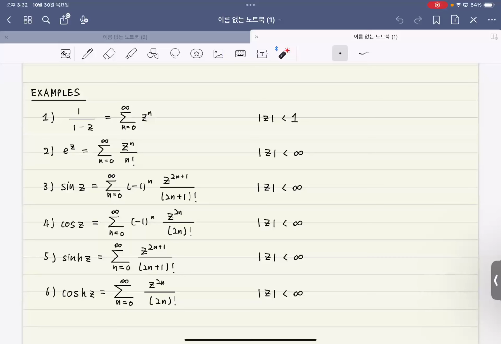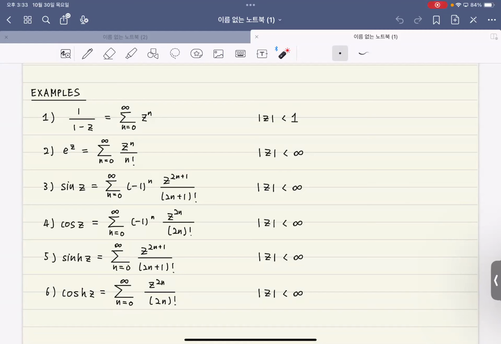However, for the other cases, these are the Maclaurin series of the exponential functions, trig functions and hyperbolic functions. All these formulas are exactly the same as in freshman calculus. The only difference is that the variable is not a real number but a complex number.